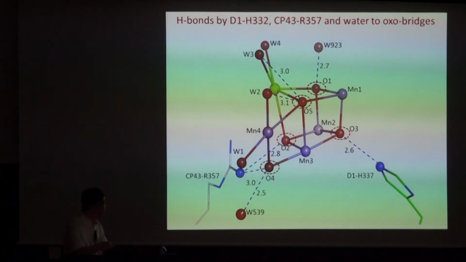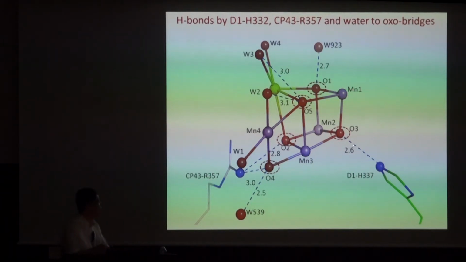And then there are several water molecules that form hydrogen bonds to the oxo bridges. And these hydrogen bonds are also very important in order to maintain the structure of the catalyst.